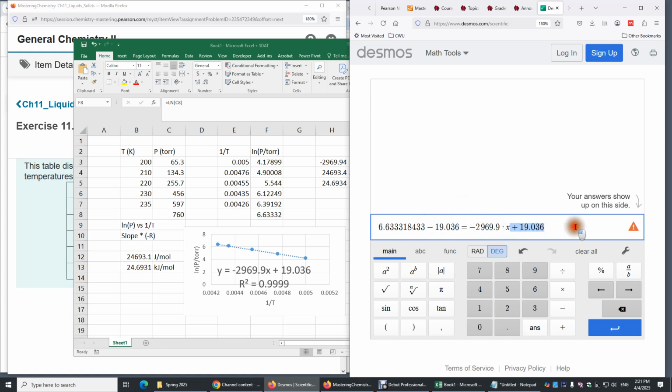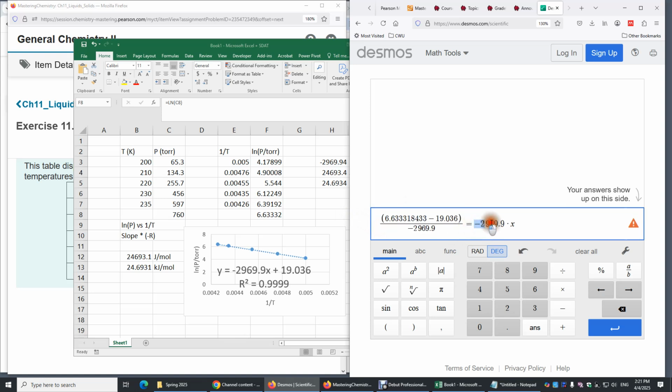And then both sides divided by this. We'll get X. I'm going to use a pair of parentheses. Divided by that will be X. This is going to be X, horizontal axis.